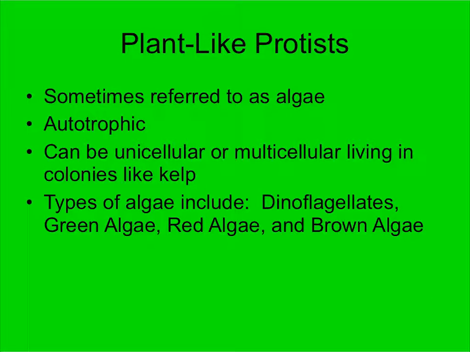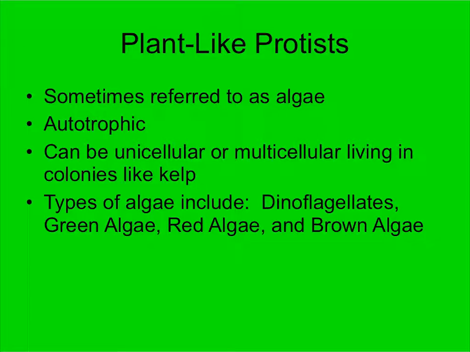Okay, now we have our plant-like protists. These organisms can carry out photosynthesis just like plants can. Again, protists are very unique because they have many features of plants, animals, and fungus. And we interact with these pretty frequently. If you enjoy sushi, that's an example of seaweed.